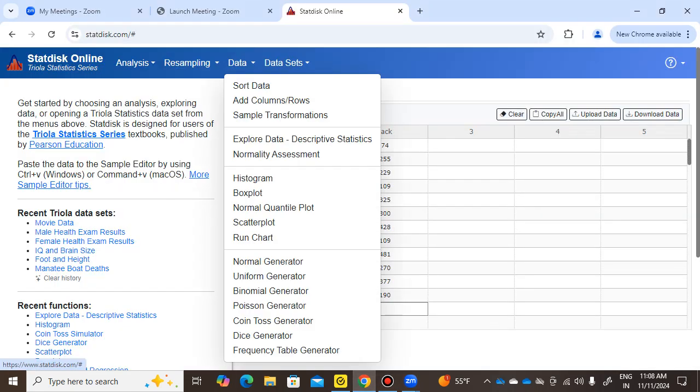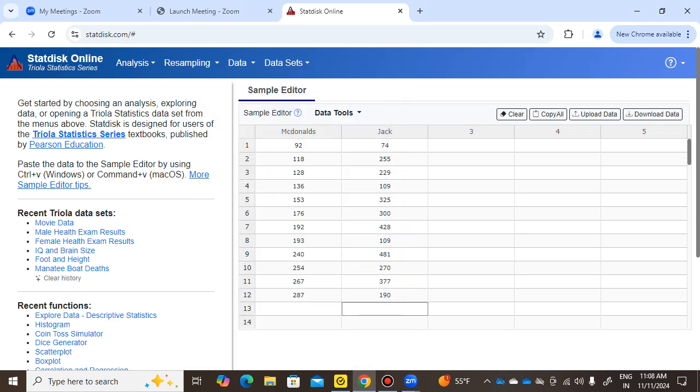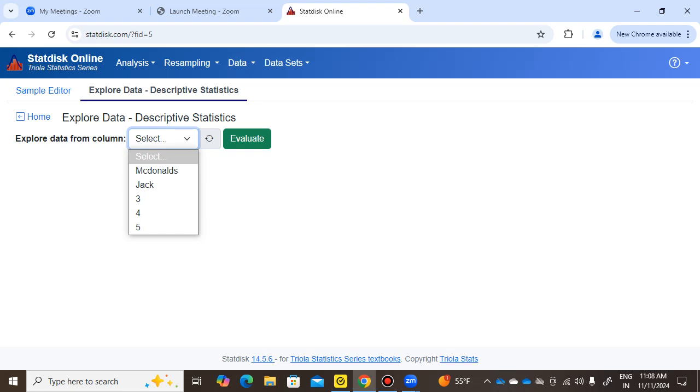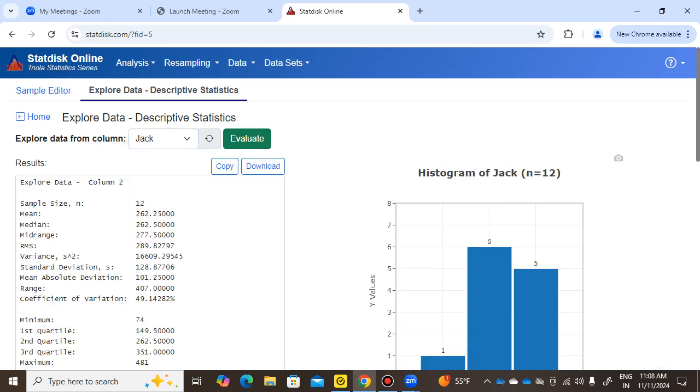So again, data, explore data, then column Jack, and we'll get the mean of 262.25, the median of 262.5, and the mid-range of 277.5.